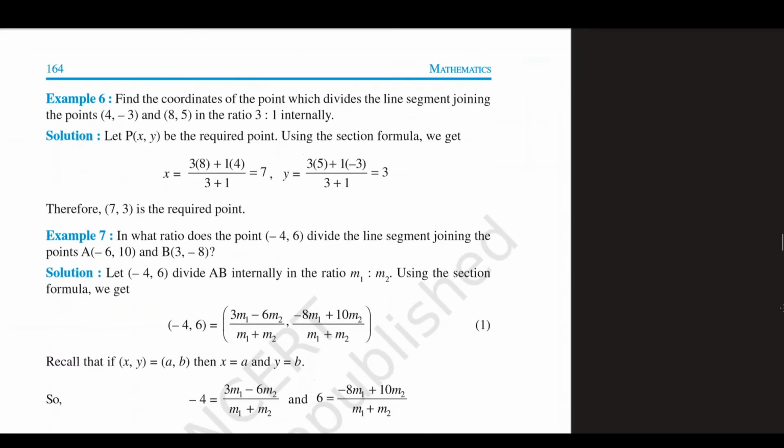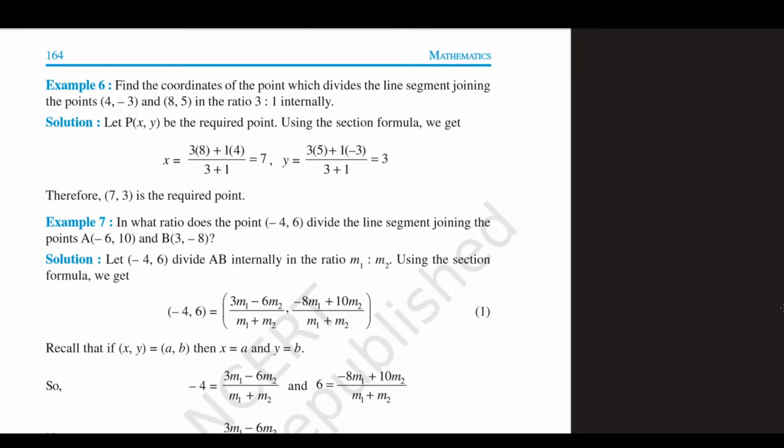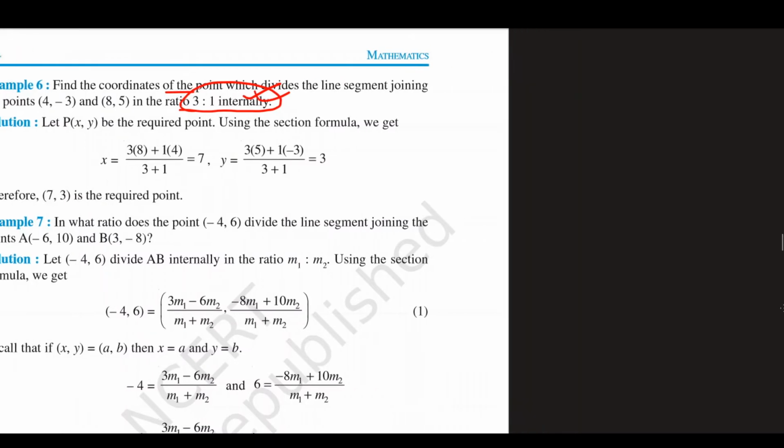Now let us understand this better with an example. The question is to find the coordinates of a point which divides the line joining the points internally in the ratio 3:1. What does internally mean?